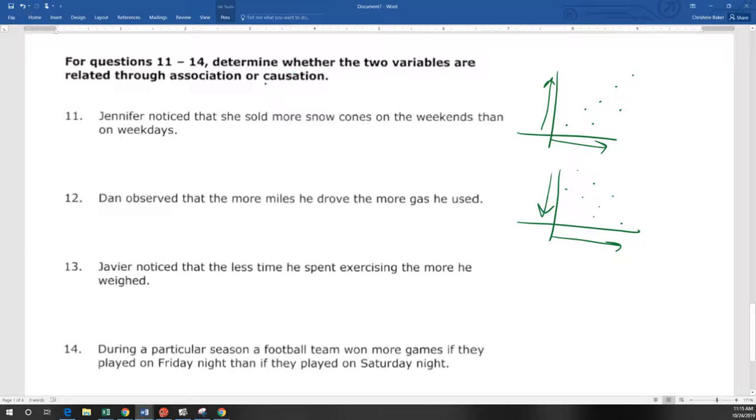But a causation, truly one variable causes the other one. So Jennifer noticed she sold more snow cones on the weekends than on weekdays. Is that a true cause? Dan observed that the more miles he drove, the more gas he used.